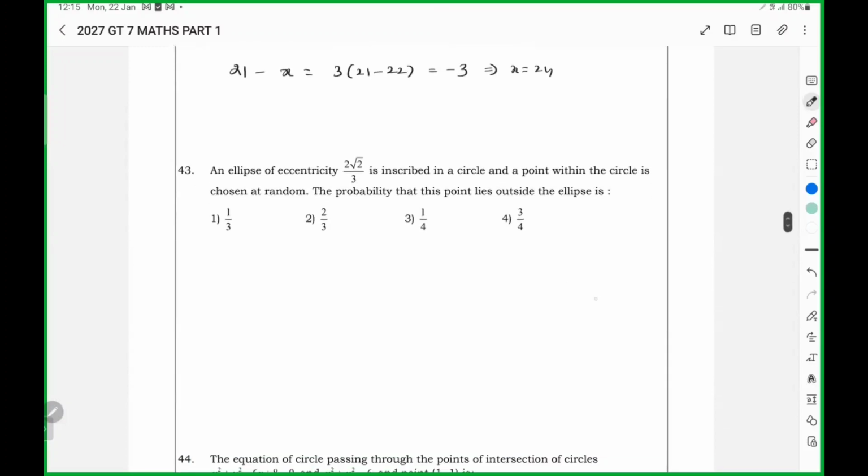An ellipse of eccentricity 2 root 2 by 3 is inscribed in a circle, and a point within the circle is chosen at random. The probability that it lies outside the ellipse.